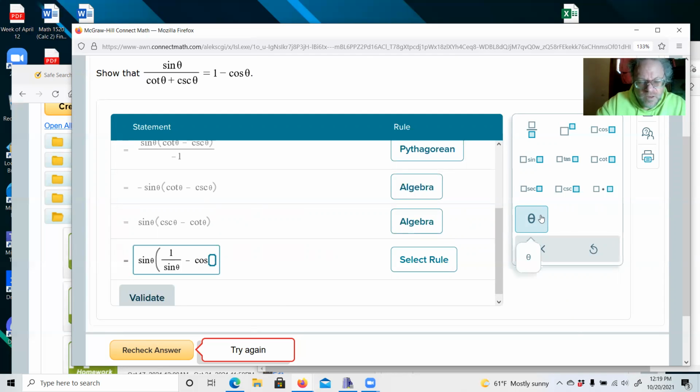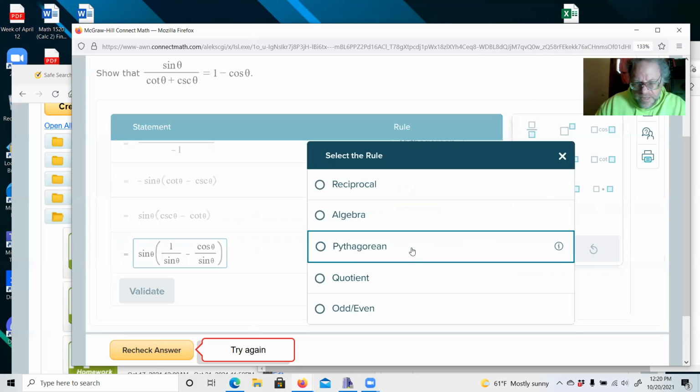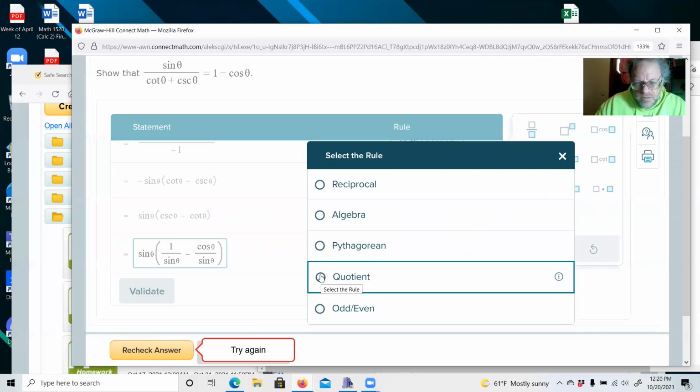Minus cosine theta over sine theta. All right, and what rule did we use? We used a quotient reciprocal rule.